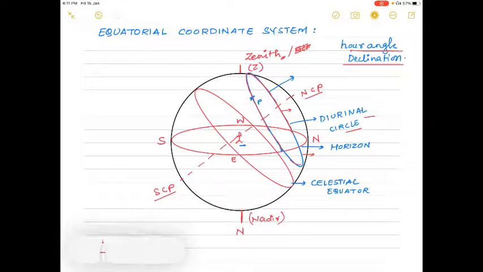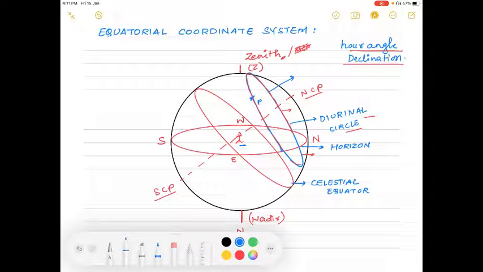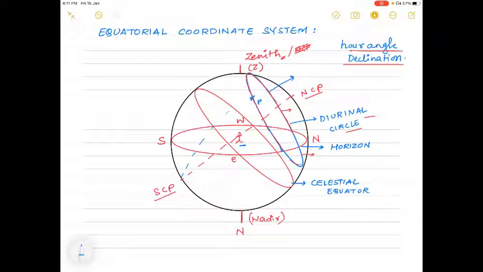Now from this star we have to draw a great circle which is passing through the star, the north celestial pole and the south celestial pole. So when we draw the great circle from the star passing through the north celestial pole, the star at point P, and the south celestial pole, the point where the great circle intersects the celestial equator, we have to mark.